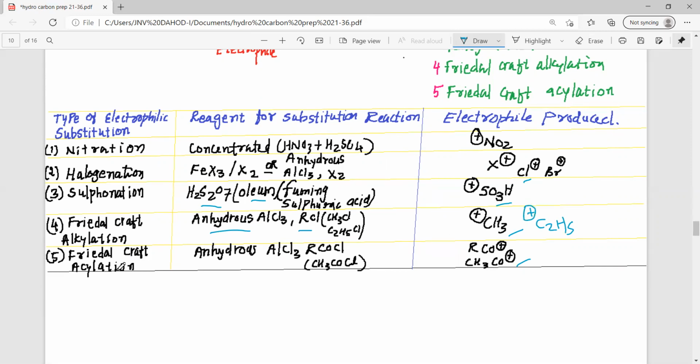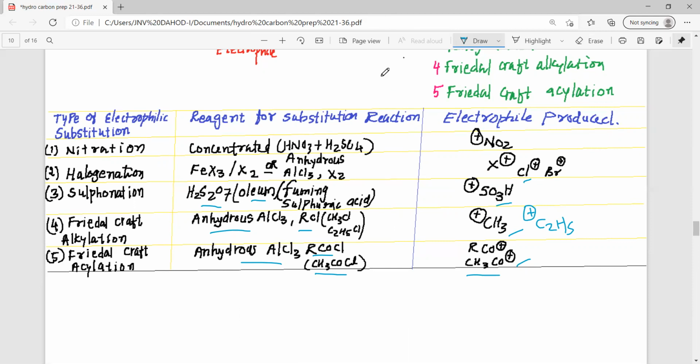Same way, my dear students, if Friedel-Crafts acylation takes place, anhydrous AlCl3 reacts with the RCOCl, which is CH3COCl, and the carbocation produces CH3CO plus, and finally we can have the reaction which is known as the Friedel-Crafts acylation.